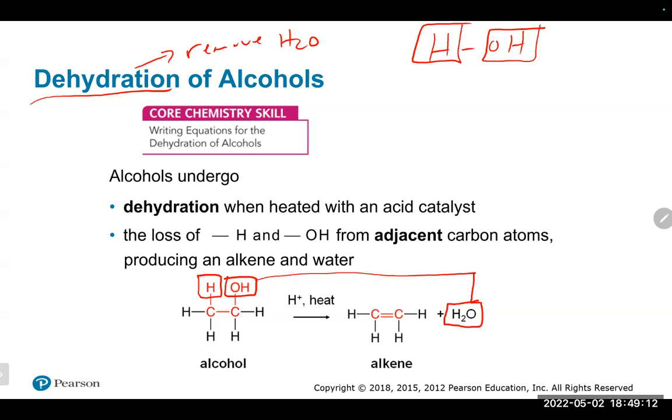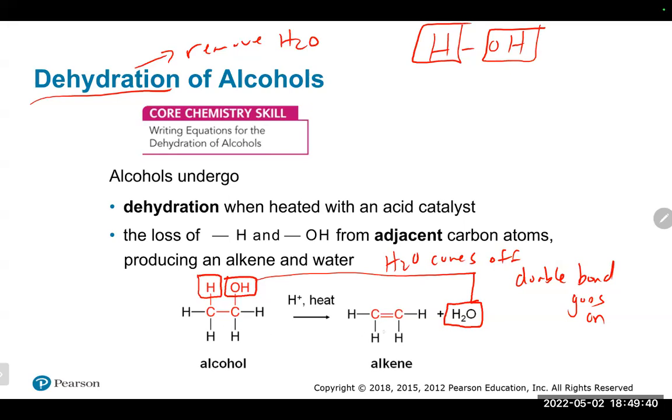Now, when we put water on, we put it on an alkene, which is a double bond, and we break the double bond to make room for it to come on. So now that we take it off, we just put the double bond back on so that everybody has the right amount of bonds. So basically water comes off and a double bond goes on, between the two carbons that you removed the two things from.